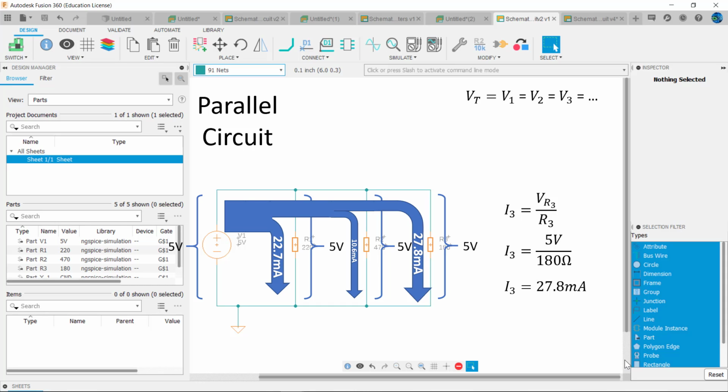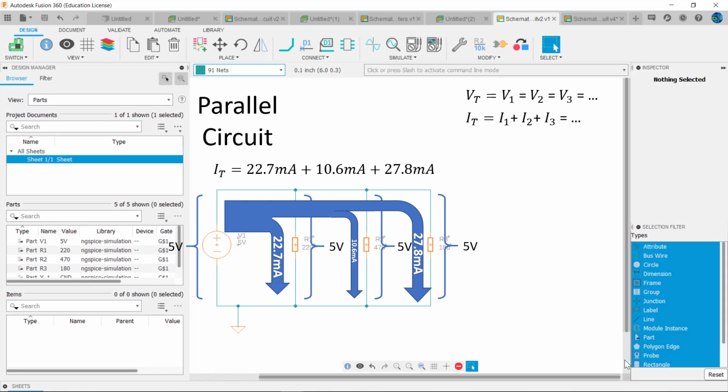In a parallel circuit, the total current, IT, equals the sum of the individual branch currents. Mathematically, we would say IT equals I1 plus I2 plus I3, and so on. In this example, IT equals 22.7 milliamps plus 10.6 milliamps plus 27.8 milliamps, or 61.1 milliamps.